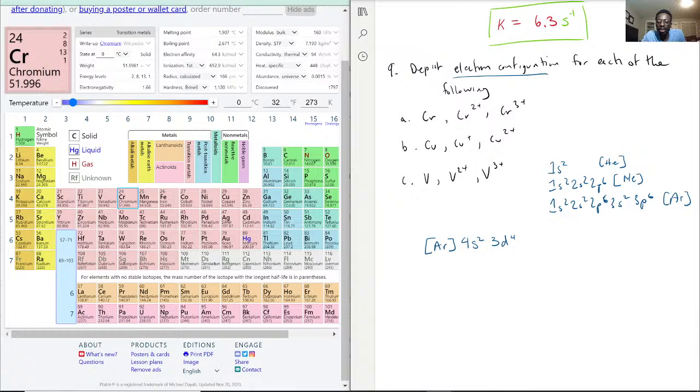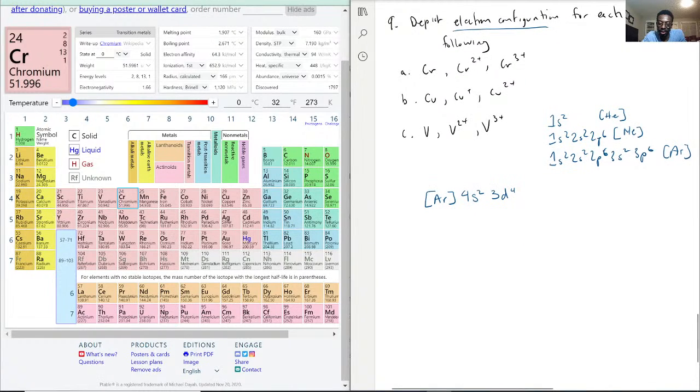For the d shell, it's better to look at the orbital notation, because d orbitals need to have 10 filled, and then we have the s orbital here.